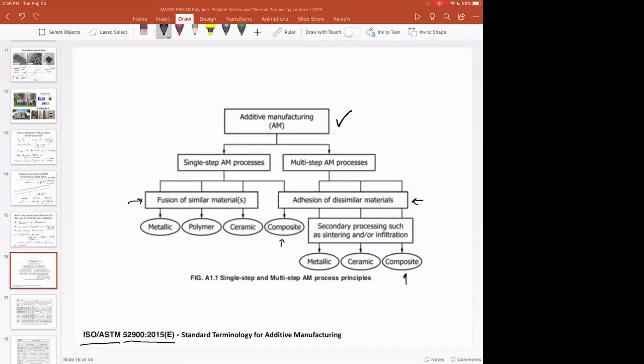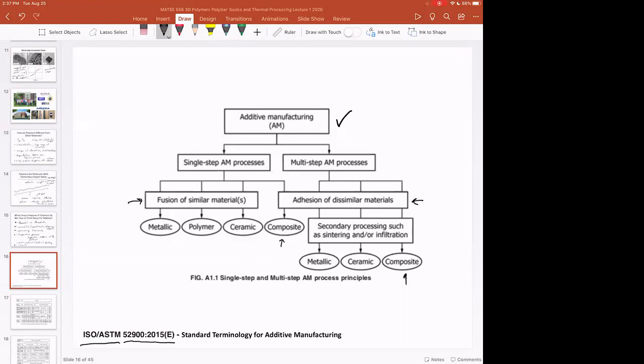And for some reason, they didn't put polymers in adhesion of dissimilar materials, although we know that sometimes you have to glue together two different polymers because polymers don't like to stick to one another. So there's advantages to diagrams like this, and there's disadvantages, but we need to understand it because this is how the world has decided to classify AM.